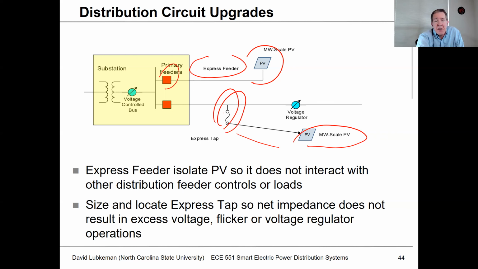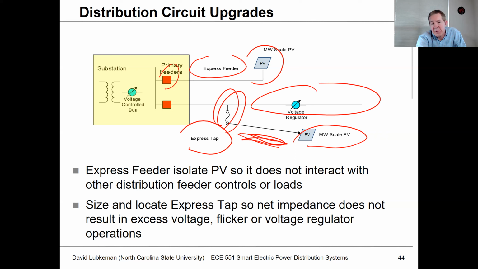This is something else we're seeing quite a bit of, these express taps, where we figure out in the study that we don't have to go all the way back to the substation. We pick a point on the main backbone that we can connect into where we're not going to interfere with the rest of the feeder. Again, the developer would have to pay for this express tap as well.